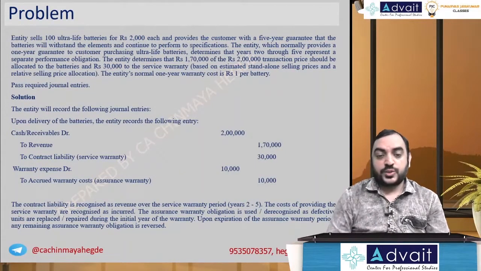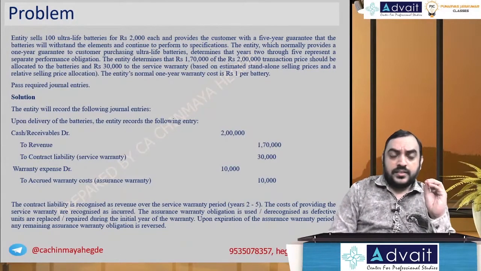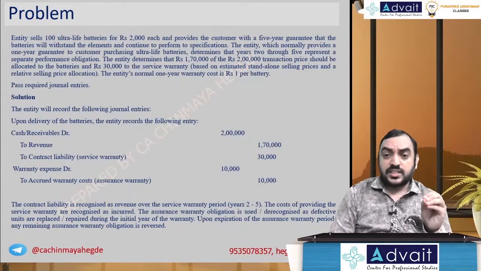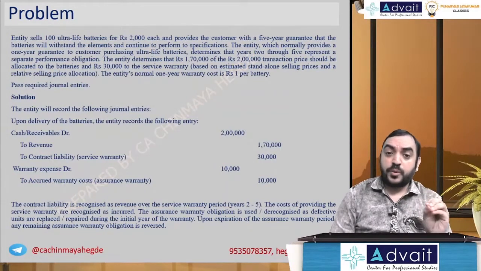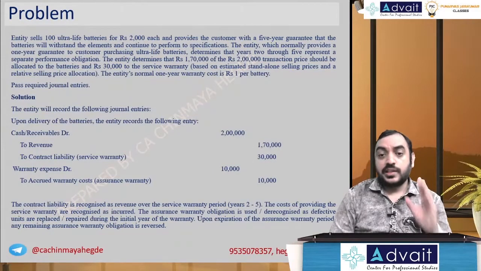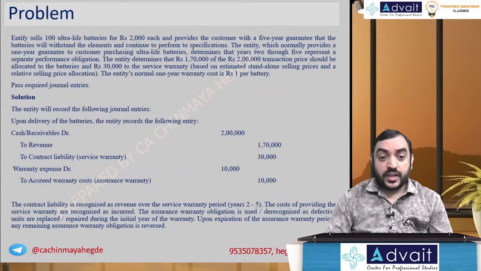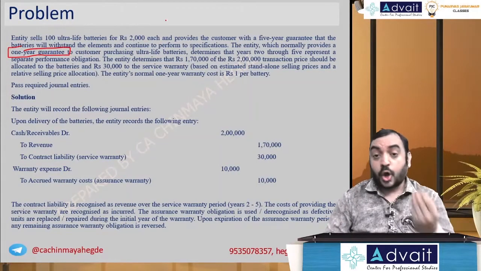Okay, let's read this once more. Entity sells 100 ultra life batteries for rupees 2000 each and provides the customer a 5-year guarantee that the batteries will withstand elements and continue to perform to its specifications. Entity which normally provides 1-year guarantee, but here how many years?